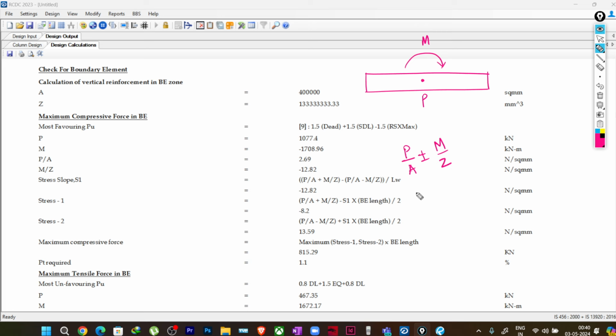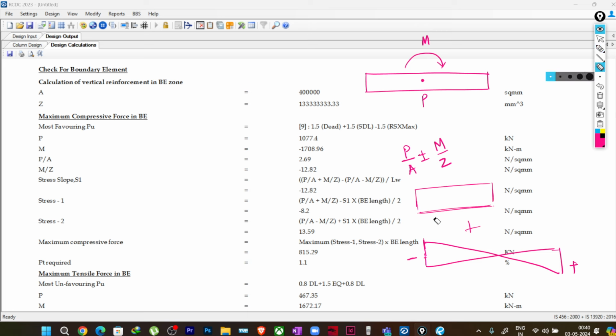For P by A we will get some distributed stresses. Then for M by Z we may get some tension also, like this. Here it is tension, here it is compression, right? If we add these two, the distribution will be something like this.